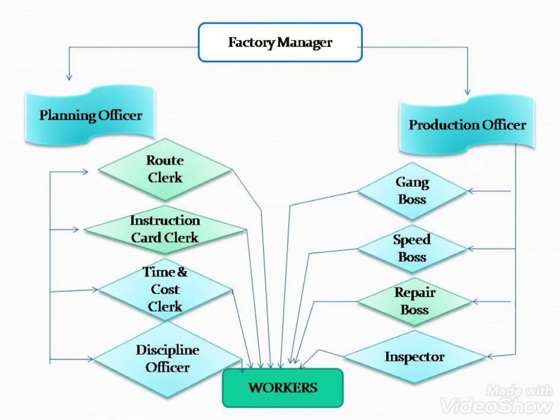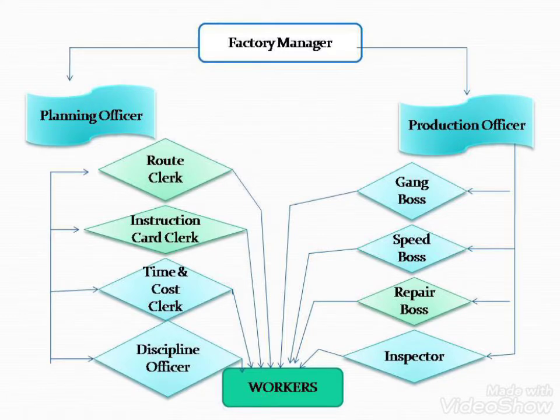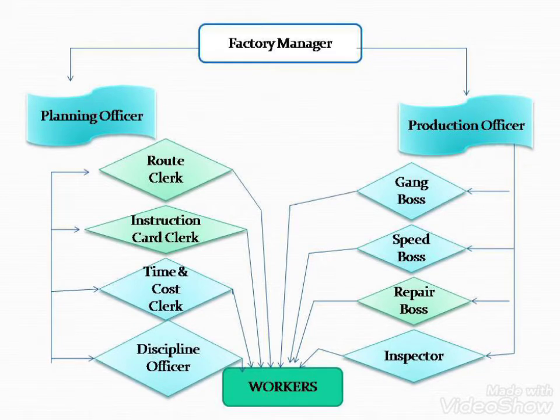Under the production officer, there is the gang boss. He makes arrangements of machines, materials, tools, etc. for the different jobs. Then the speed boss is there. He maintains the planned speed of production, investigating the causes for the delays and removing those causes. Then the repairs boss is there.